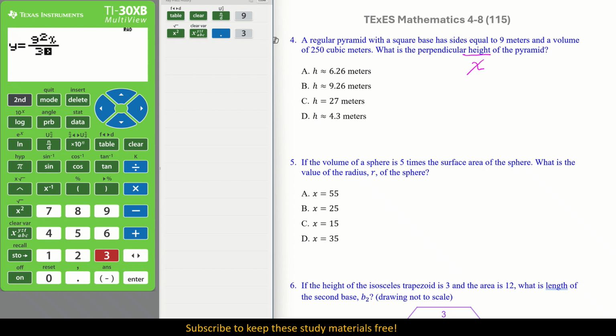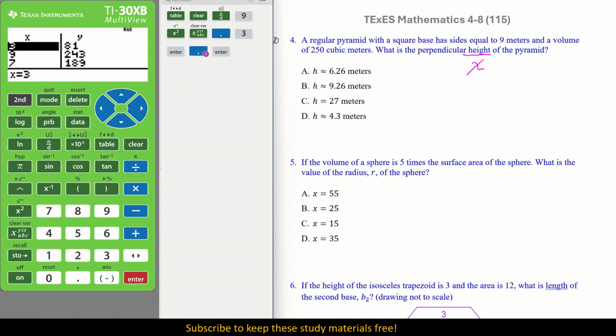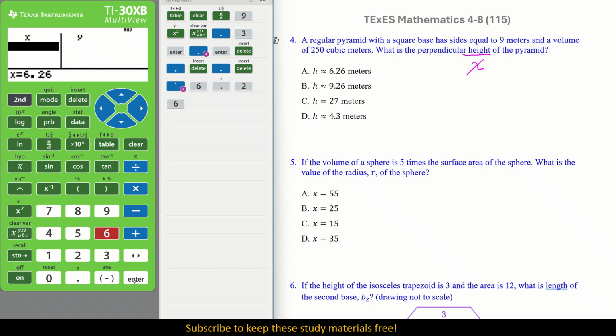So we need to know what x is. So this is what we need to do. All right, do what we've been doing. We set it up with 0, 1, and ask. And now we're going to clear everything out because that's from an old situation. Okay, now let's put 6.26 and enter. Oh, but it doesn't give us 250.